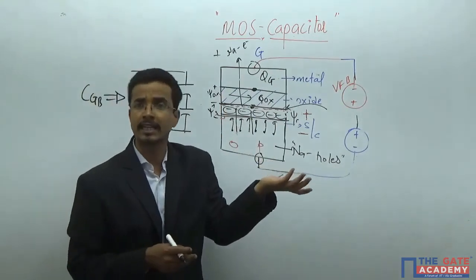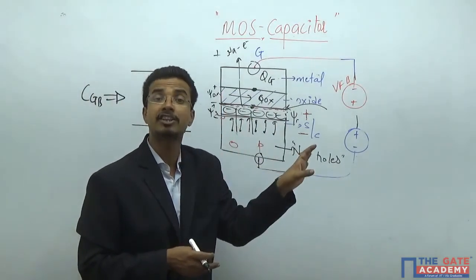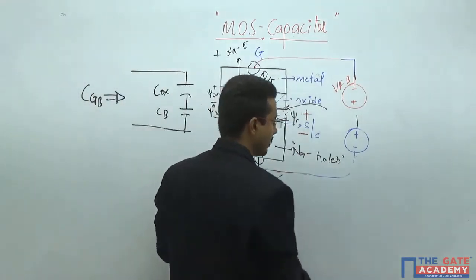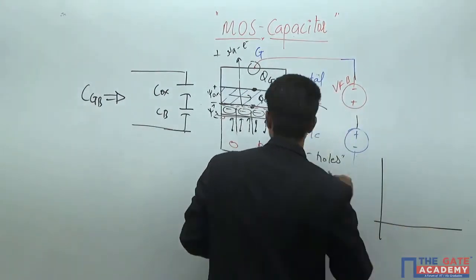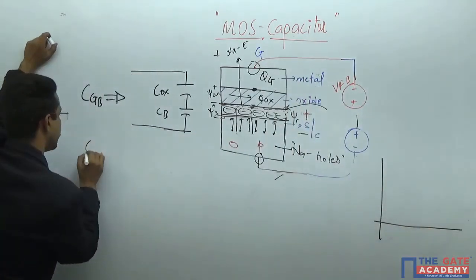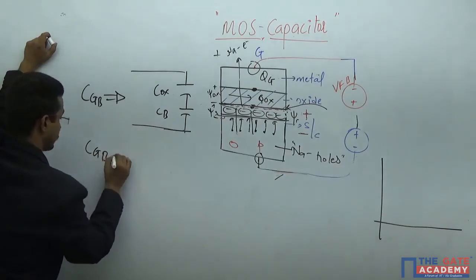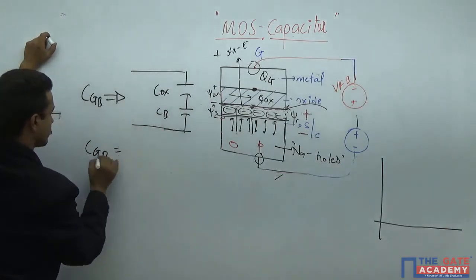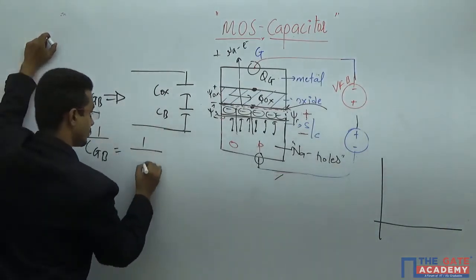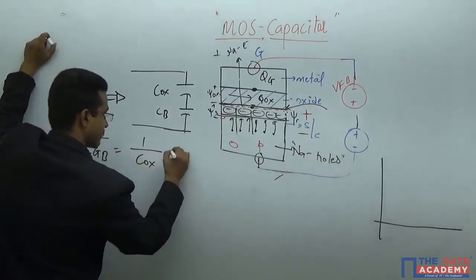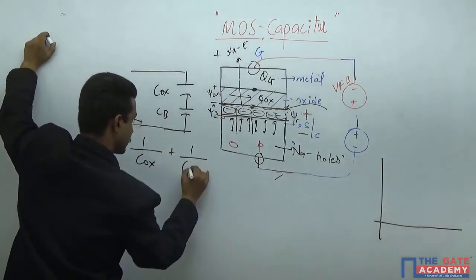In that case, you will not get any ions in the accumulation region. So, firstly I am writing here, the CGB is equal to 1 upon COX plus 1 upon C.